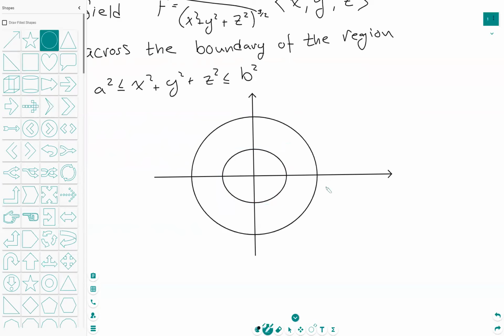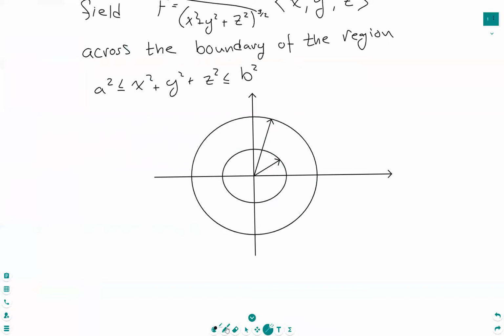We have some outer sphere with radius b, and then we have some inner sphere of radius a.